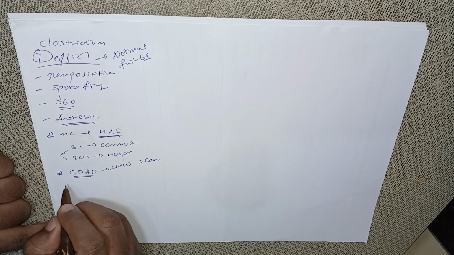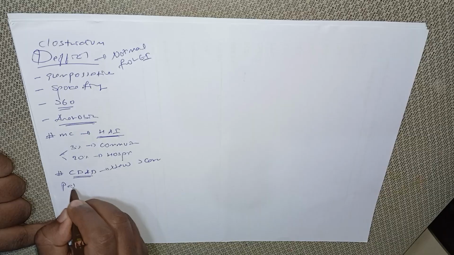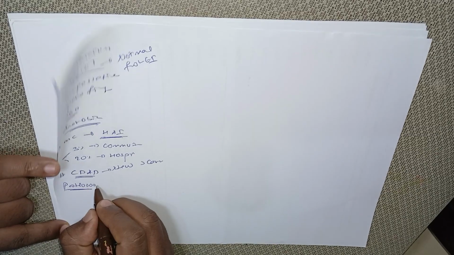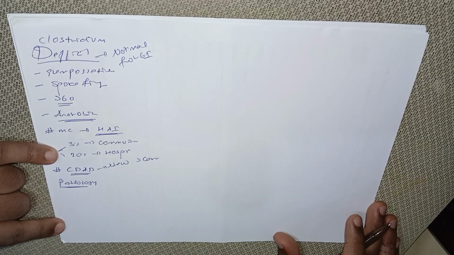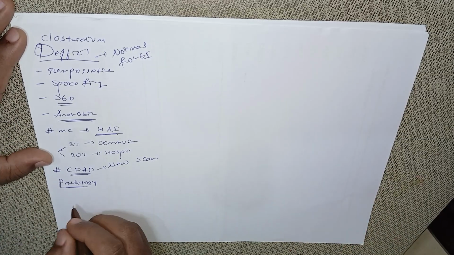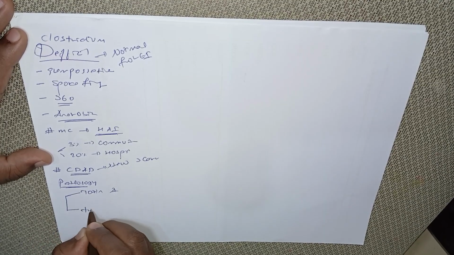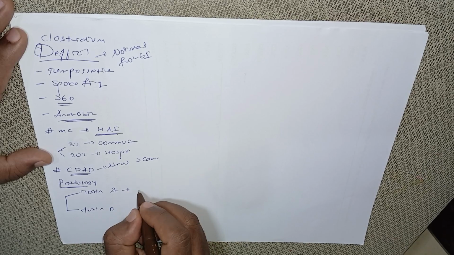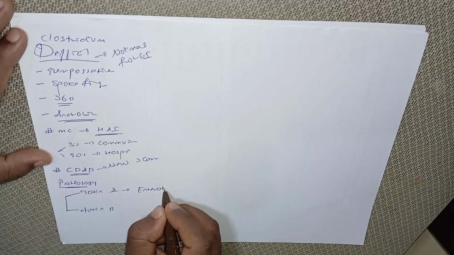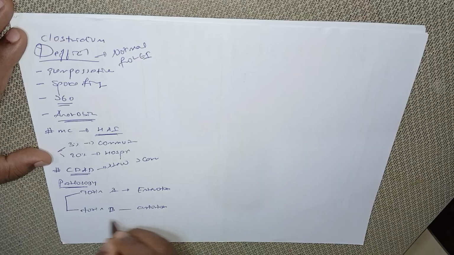So what is the pathophysiology, or how does Clostridium difficile cause clinical derangements? Clostridium difficile has two important toxins that play a crucial role in its pathophysiology. The first is toxin A, and the second is toxin B. Toxin A is an enterotoxin, and toxin B is a cytotoxin.